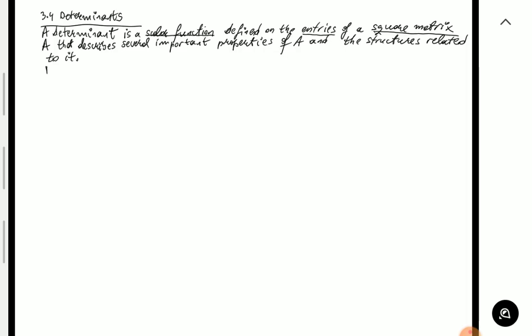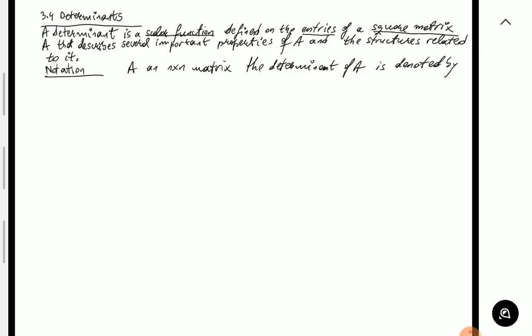So let's establish, of course, a notation first. If you have an n by n matrix, a square matrix, the determinant of the matrix A is denoted by det of A, like that, or as we often are going to use, this is just more practical, A between vertical bars.